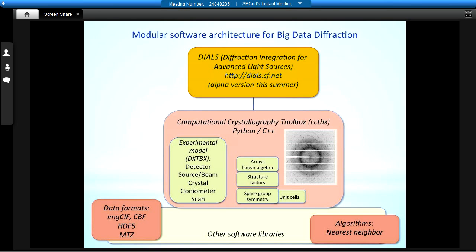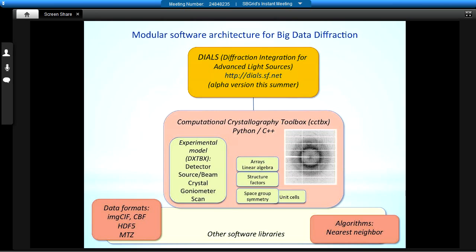And in preparation for DIALS, what we've added to CCTBX is something we call the DXTBX, the Diffraction Experiment Toolbox. And this lets us model as software objects concepts like the detector, the source, the crystal, the goniometer, and the scan. So these are the data structures that we're going to use. And on top of that, DIALS, which is actually in a different software repository, right now encodes the different algorithms that we're going to be using to process data.